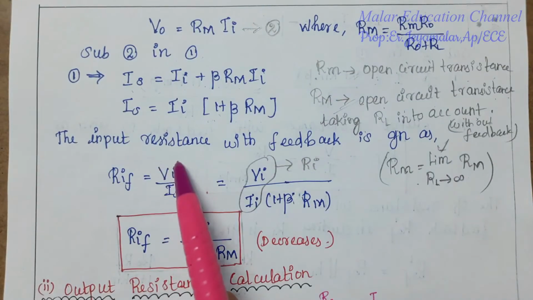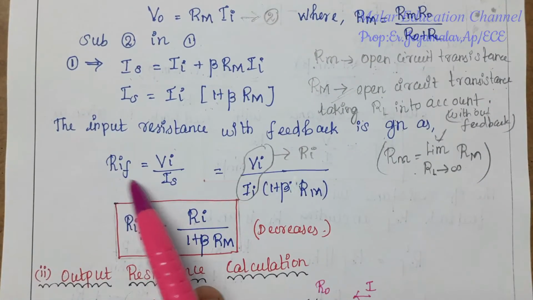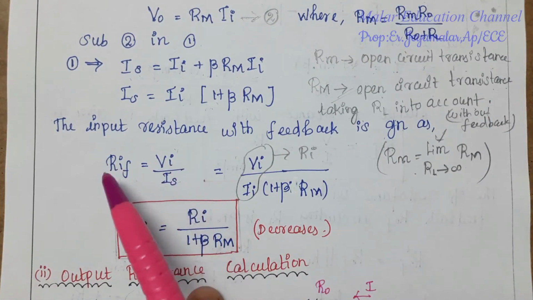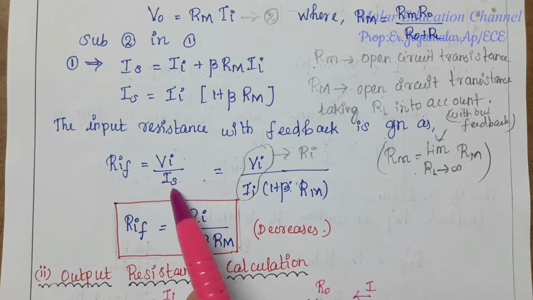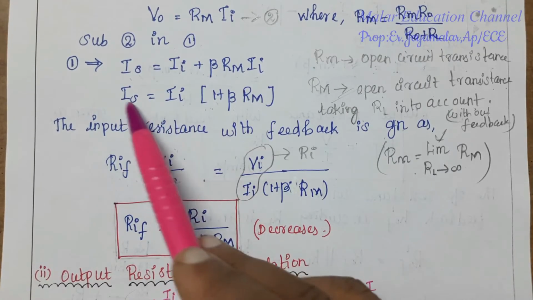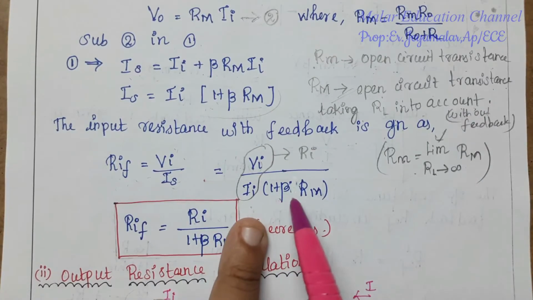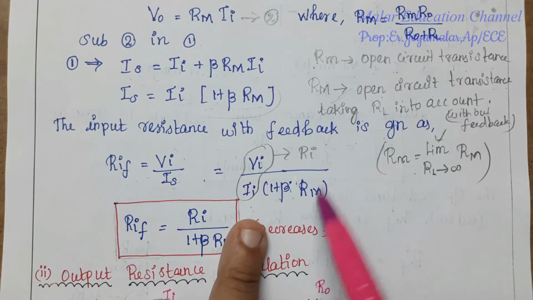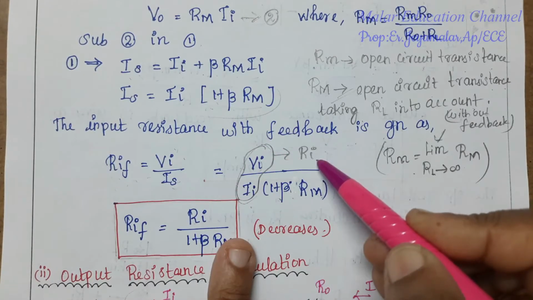Next, input resistance with feedback is given by a formula we know. According to Ohm's law, R equal to V by I. Here Rif equal to Vi by Is. Numerator is Vi, and substitute the Is value, the whole term: Ii bracket 1 plus beta into Rm. According to Ohm's law, Vi by Ii equal to Ri, that is the input resistance.